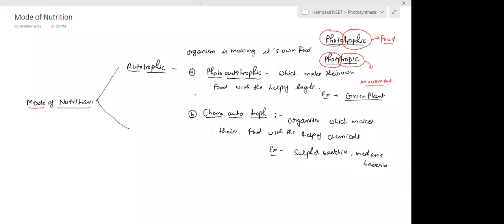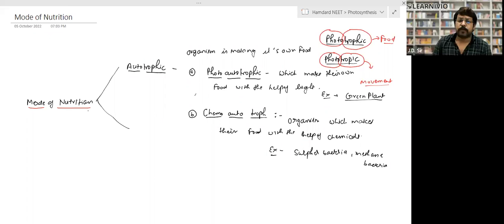What happened? So what is that gas? Actually, in mud, in sewage, and inside the coal mines, these bacteria are found, methane bacteria. They make methane gas with the help of carbon, right? And they release the methane gas.